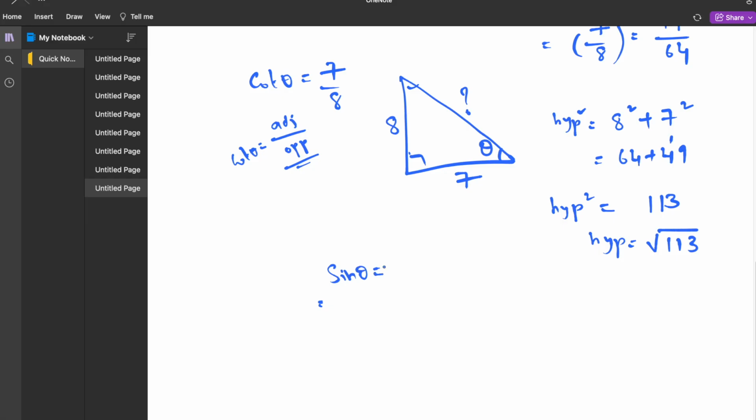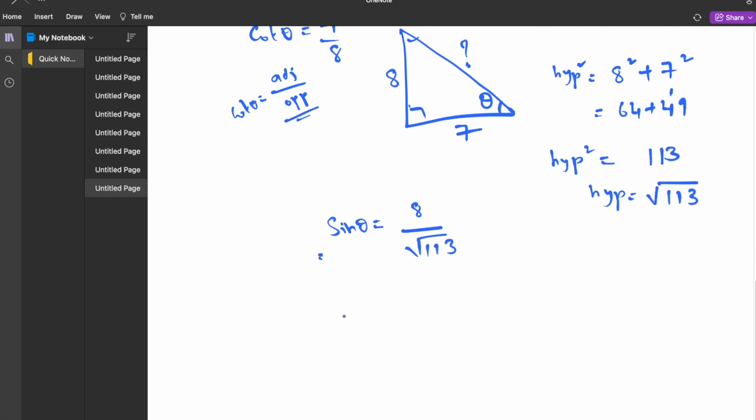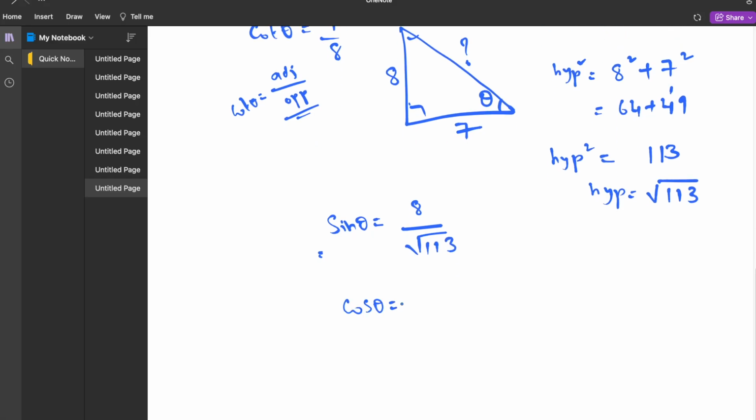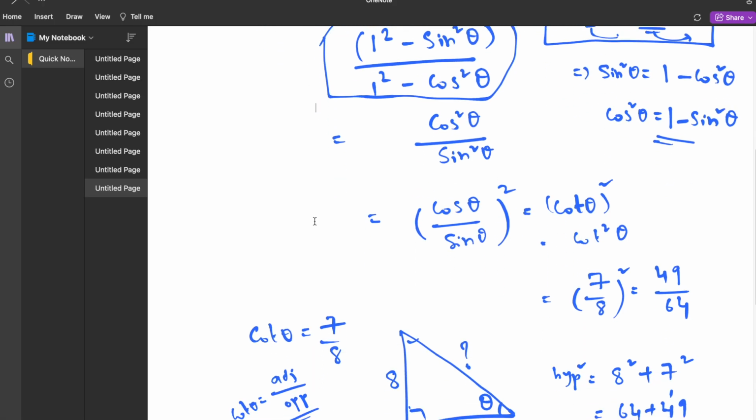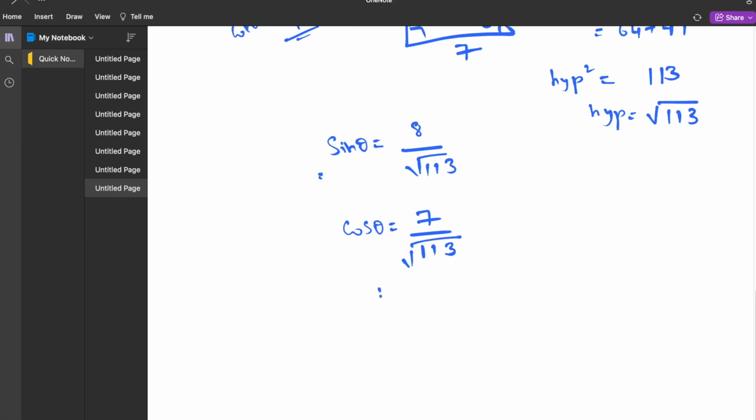Now sin θ would be opposite by hypotenuse, cos θ would be adjacent by hypotenuse. So we need to substitute those values in this. So now let's substitute in those values.